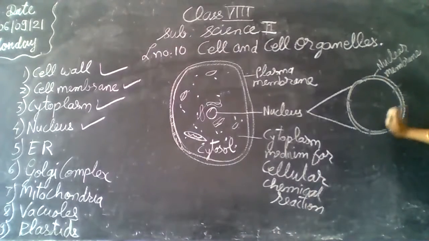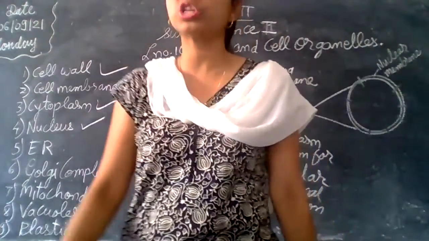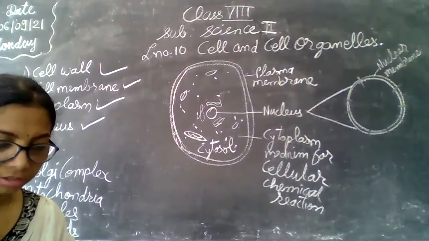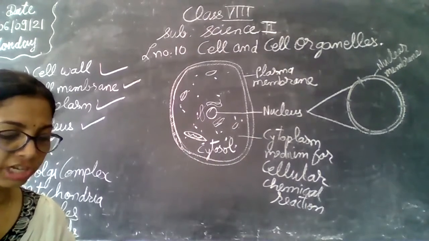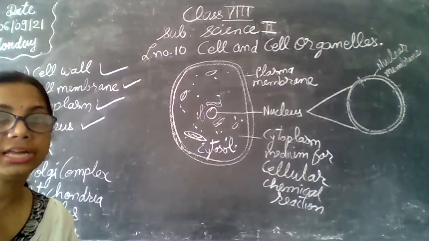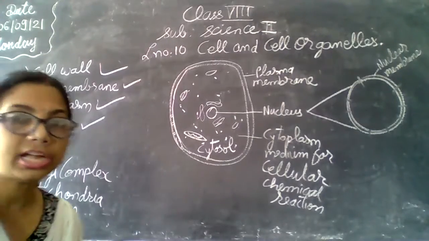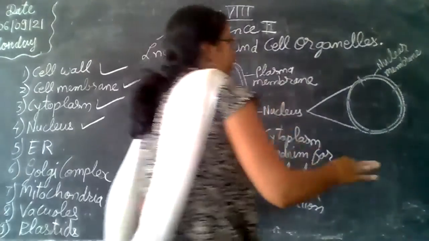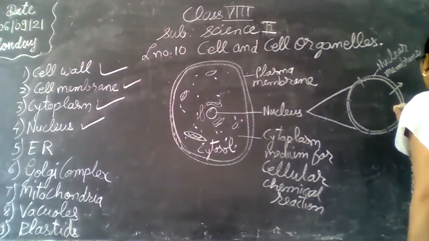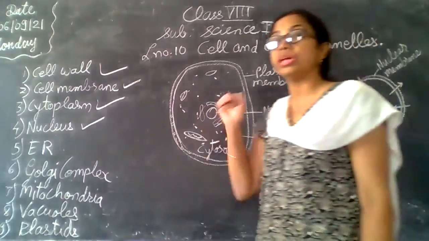What is the function of these small openings or pores in the nuclear membrane? If you think, it actually allows passage of material in and out of the nucleus. It is selectively permeable too. So certain material can move out of the nucleus and certain material can move inside.